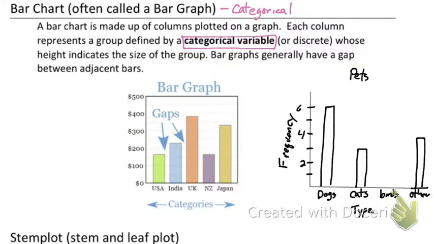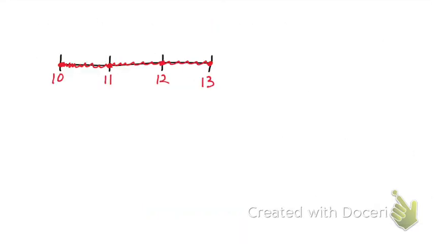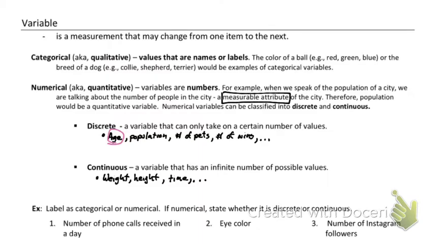All right, questions on stem and leaf or the old bar charts? Don't forget to study the terms qualitative and quantitative. When you're thinking categorical or numerical, go back to this and make sure you know these two words. They usually show up on the test.